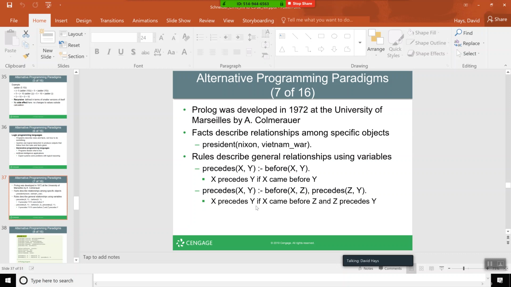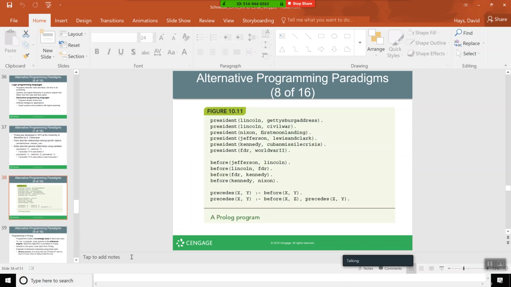I never did understand Prolog. I wrote one program in it back in college. But it allows you to make connections and so forth, show relationships. During President Nixon was the first moon landing. During Lincoln was the Civil War. During Lincoln was the Gettysburg Address. So it's setting up relationships.